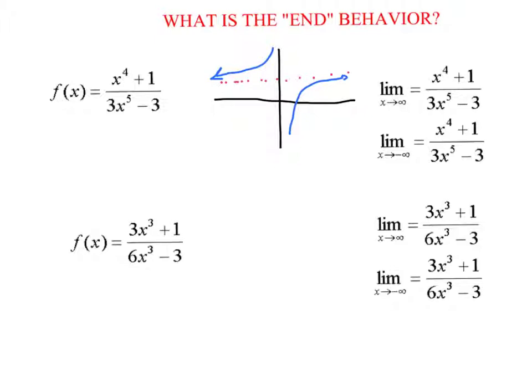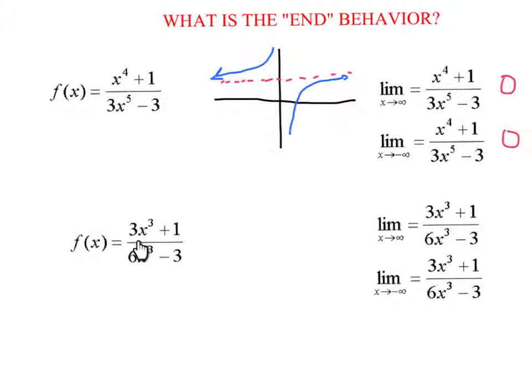If the highest power is in the denominator, which in this first example it is, the limit is 0 in both directions. Because that asymptote, and again, this is just a general sketch. It's not either one of these functions. This is just a sketch. But that horizontal asymptote is the limit in both directions. So in our case, highest power in the denominator, the limit is always 0.